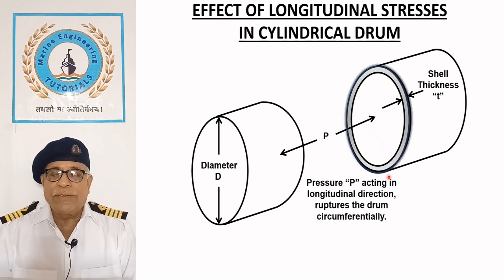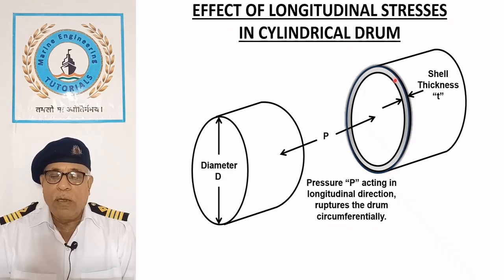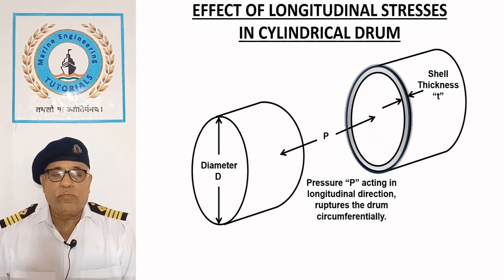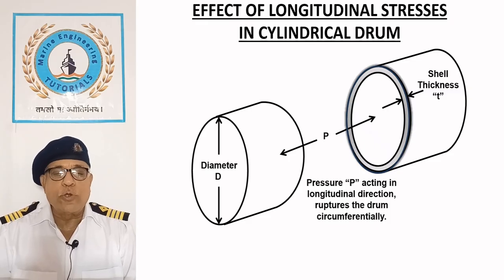If these stresses exceed the strength of the resisting material, the boiler shell may rupture circumferentially, as shown by the shaded area. In the next slide, we will calculate the value of longitudinal stresses.